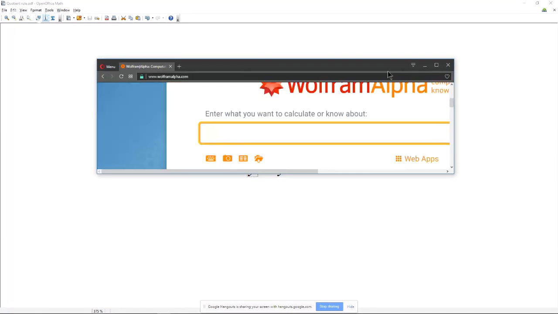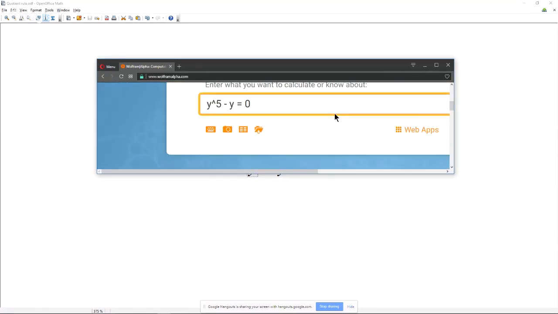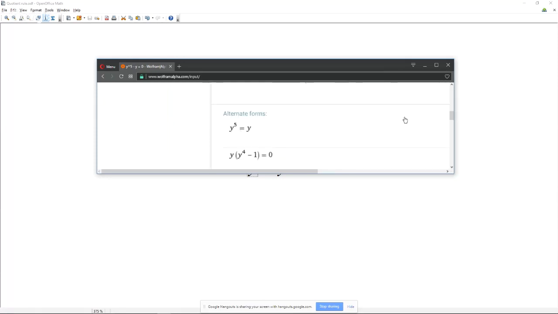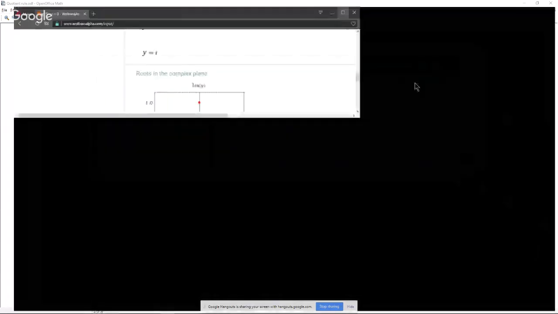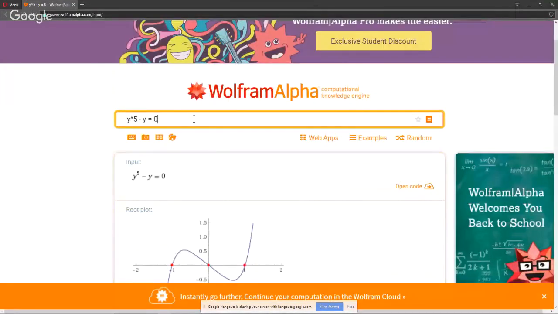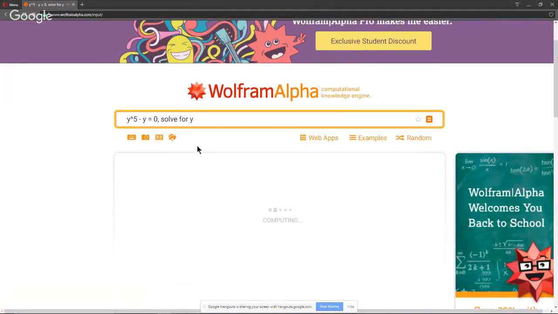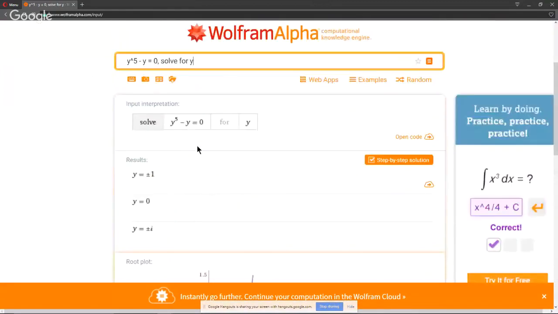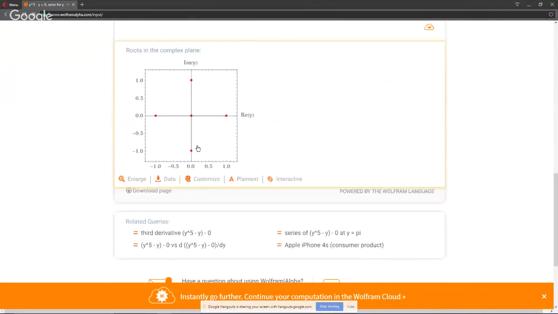And I'll show you why it's a lot easier to do implicit differentiation. Isn't it just y equals 0? Okay, yeah. And then we want to solve for y. Now if we want to isolate y, no, see, it didn't do it. I want to get y by itself, but I don't remember how I entered it before.